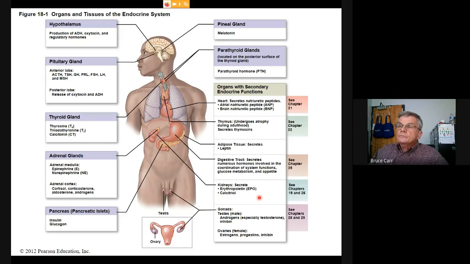Kidneys secrete EPO and calcitriol. EPO has to do with red blood cell production in the skeletal system, in the bone marrow. And calcitriol has an effect on calcium absorption.